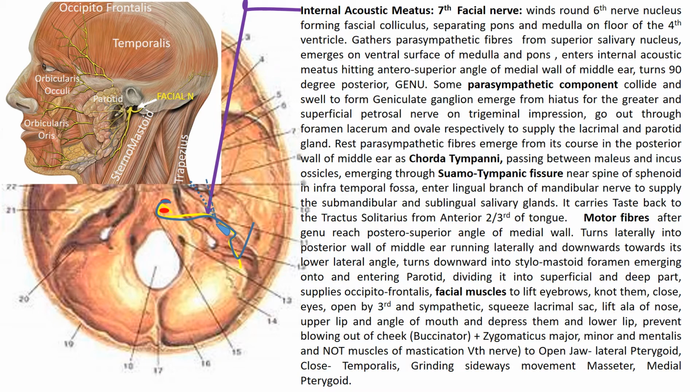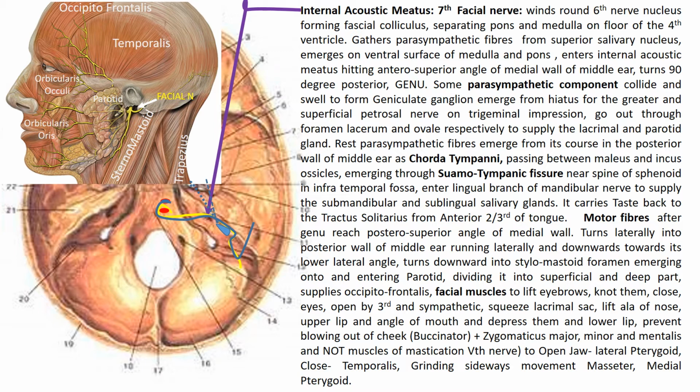As it emerges out behind the styloid process, you can see in the upper picture, it gives a branch to the occipitalis muscle and the frontalis muscle. Then it gives a branch to the orbicularis oculi. Then it supplies the levator labii superioris alaeque nasi, so it can act on the ala of the nose.